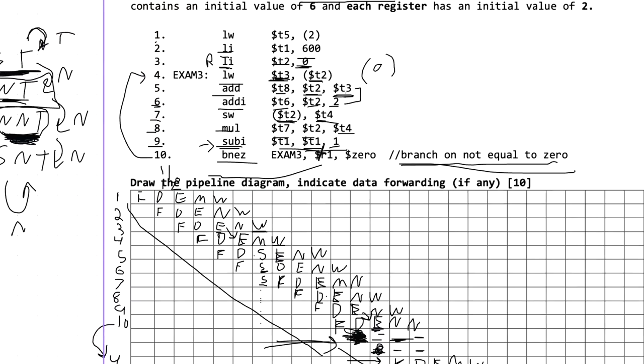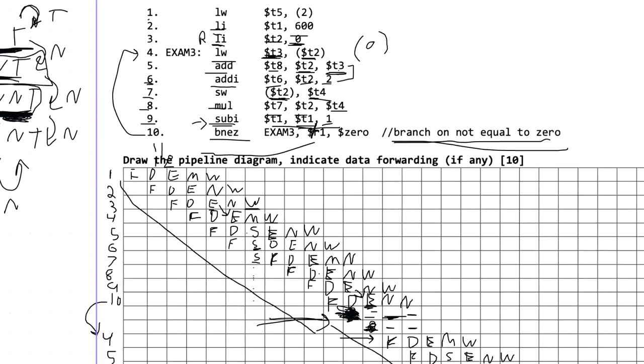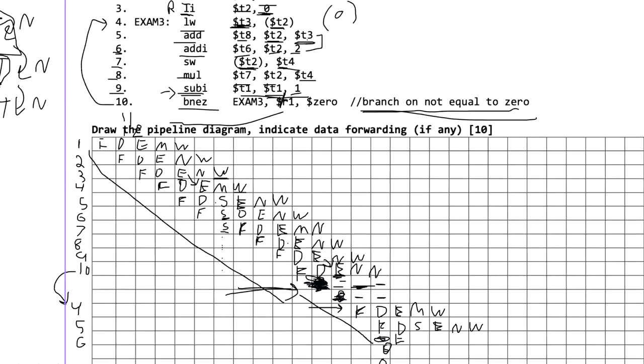It was 4 to 5. Yeah, 4 to 5 was a stall because this was a load word. I can't do it to a load word. And then we also had another data forwarding from instruction 9 to instruction 10. Again, R type to something else. So as long as it's an R type to something else, then we do data forwarding. Otherwise, it is a stall.